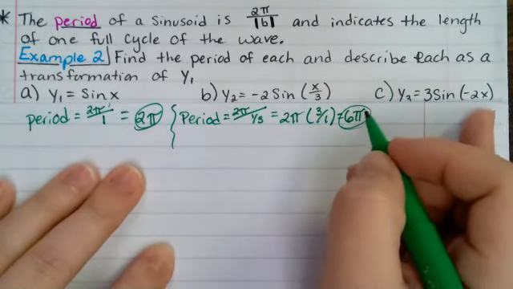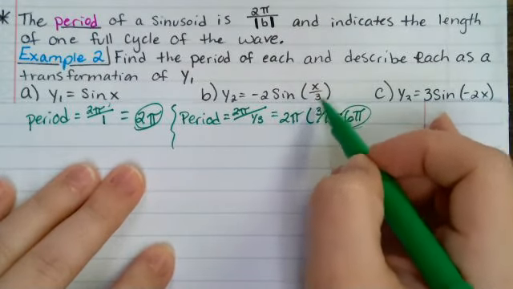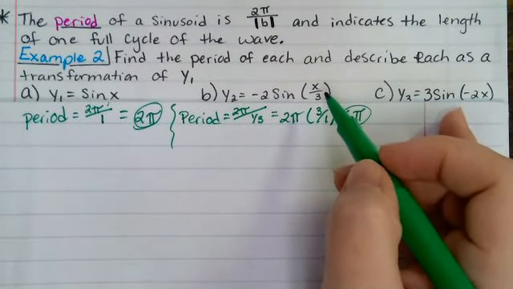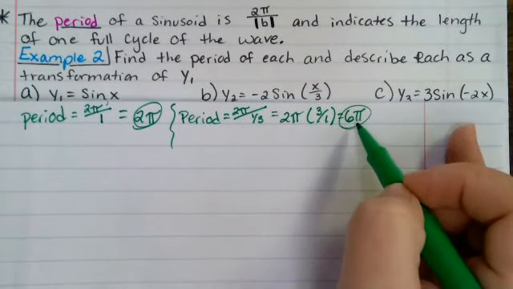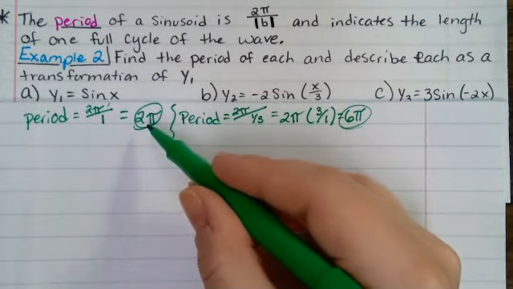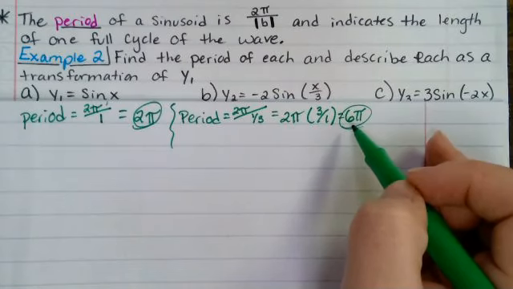Transformation-wise, I'm seeing multiple transformations. We do have this guy happening on the inside right there, and I would say that that is because it's affecting the period. I want you to think about it even just in terms of a period. Normally, your parent function for sine, the period is 2 pi. This period was 6 pi. So that's definitely longer, and it's longer by a factor of 3.